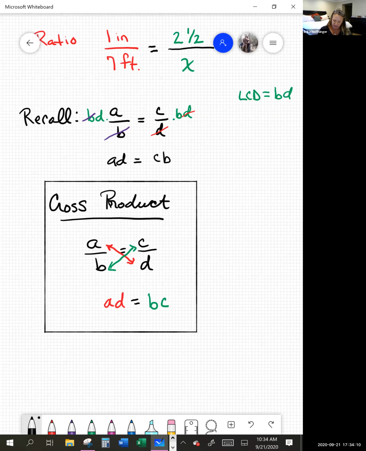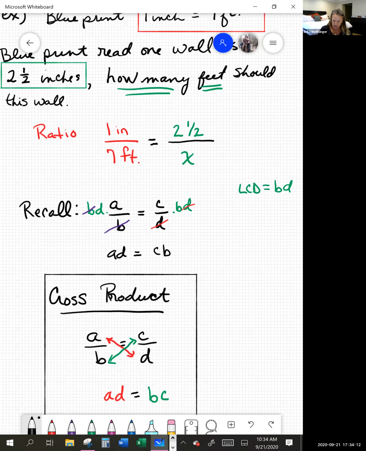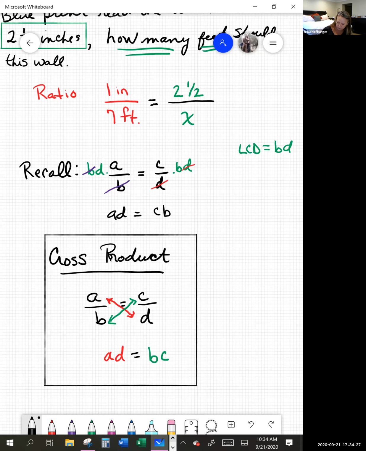Okay, so looking at my ratio, we have 1 inch over 7 is equal to 2.5 over x. And so now we can use this cross product.